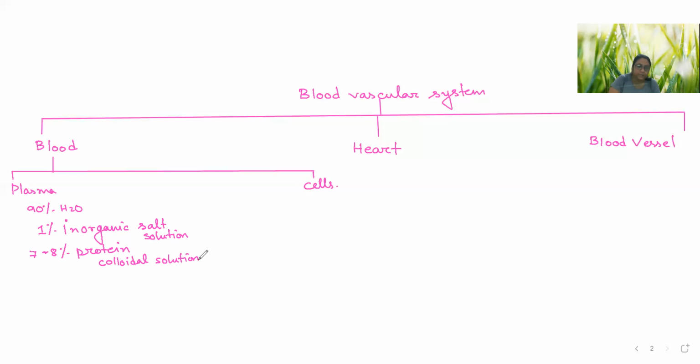Okay, so is 100% done or is anything left? Is it 100% if you consider 90 plus 1 plus 7? Some amount is left, yes or no? Yes. So that 1 to 2% is made up of food, and it can be excretory substances. Apart from that, dissolved gases are there.